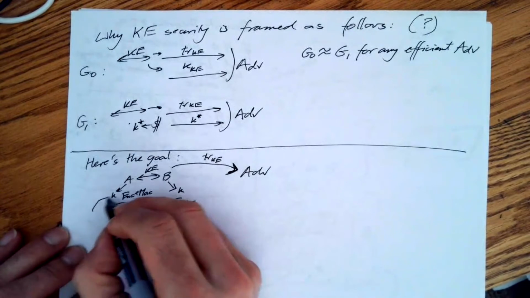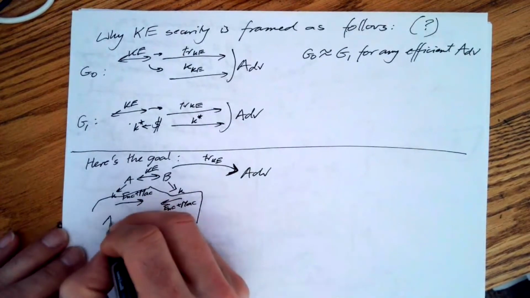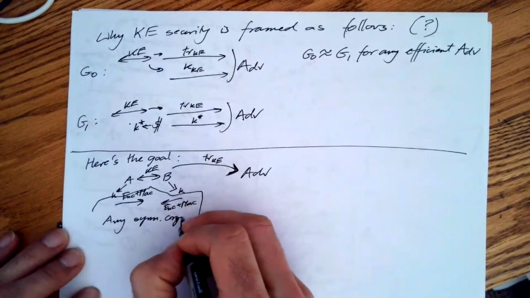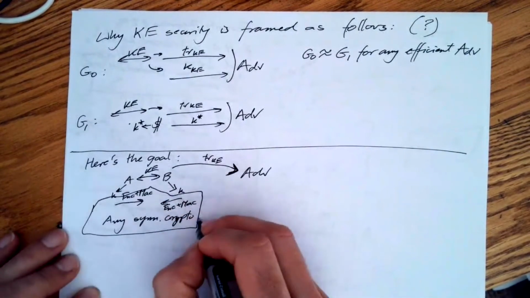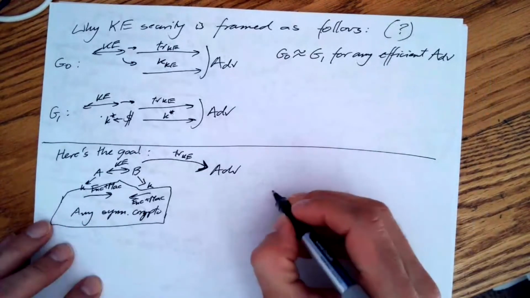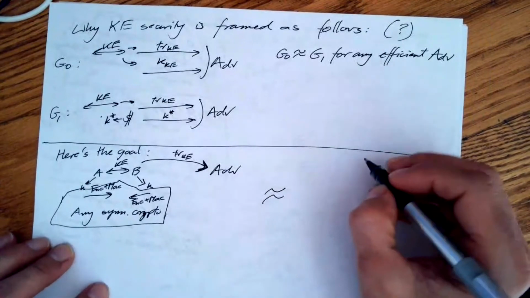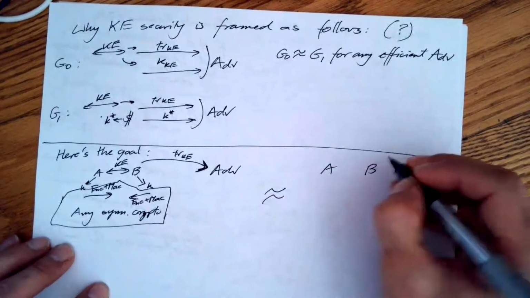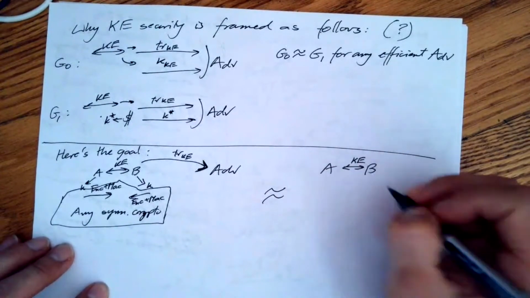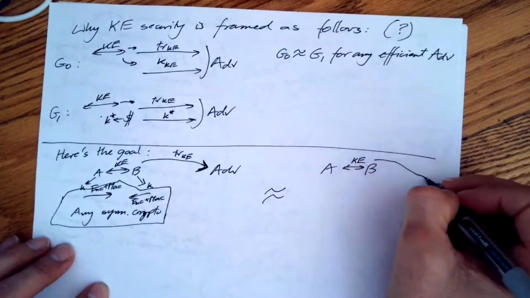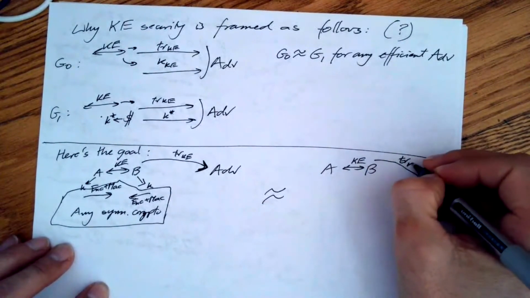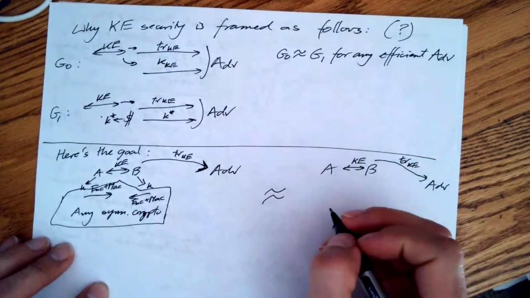Or some other, basically they are fed into any symmetric crypto. We would like to say that this is as if A and B did something irrelevant, which the adversary received, and I'm going to call the irrelevant thing a key exchange.